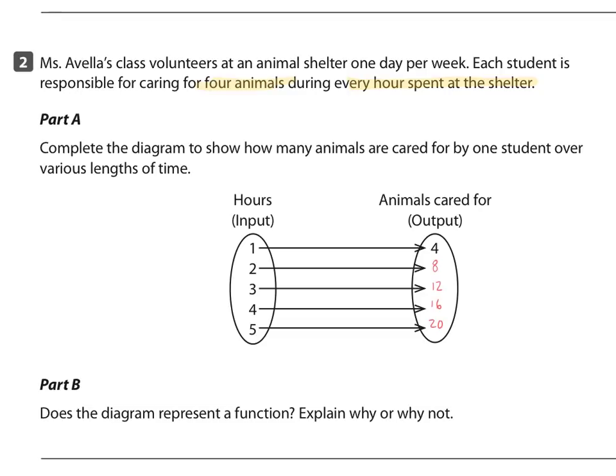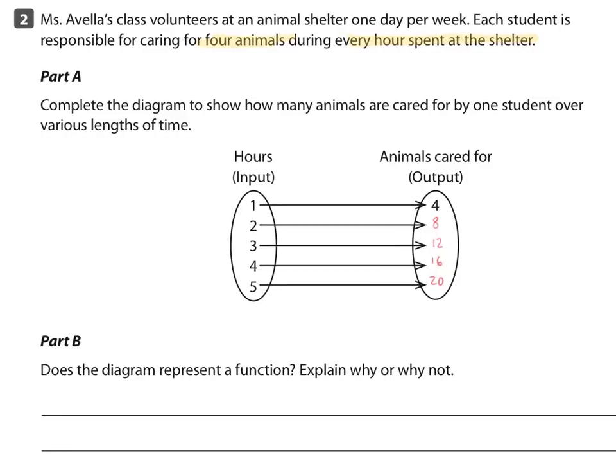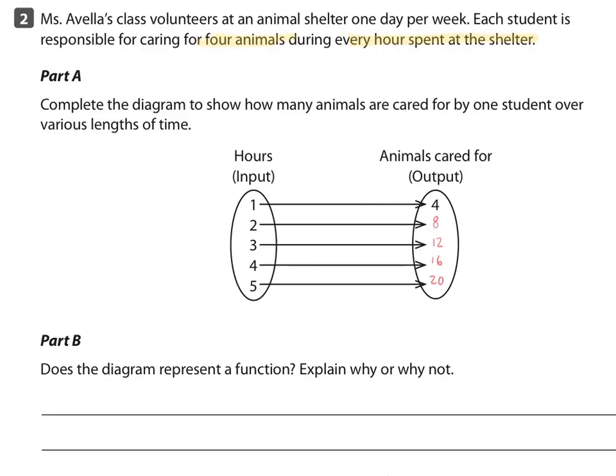And then part B mentions, does the diagram represent a function? Yes or no? Keep in mind that these are going to be your input values, and to figure out if it's a function, you need to just connect it to the other side and see if the inputs only have one output. Keep in mind, every single input has one output.